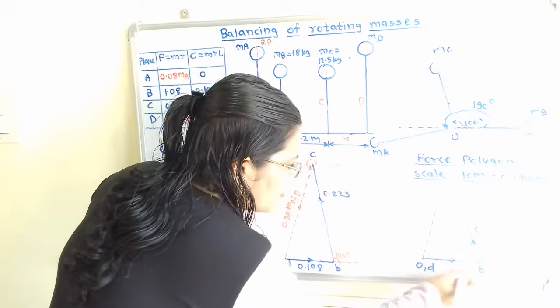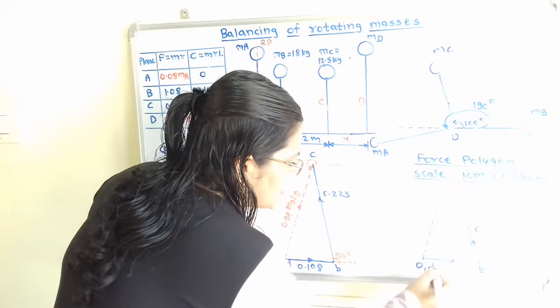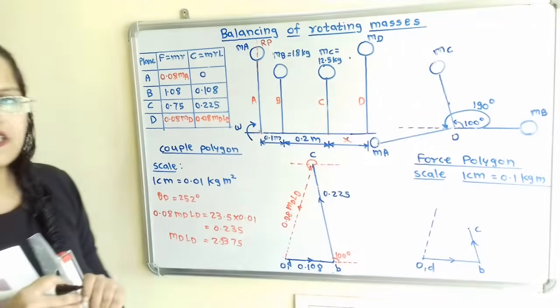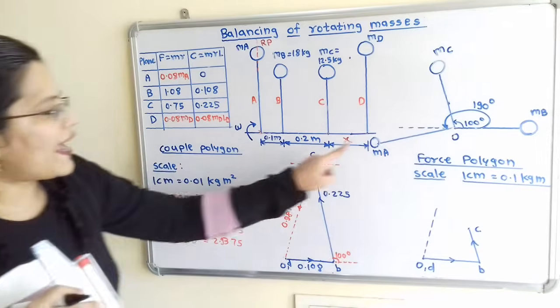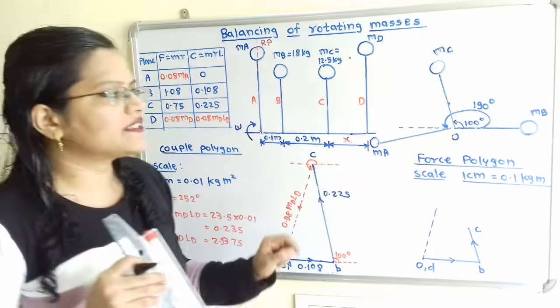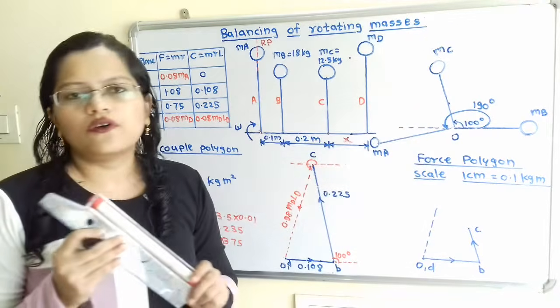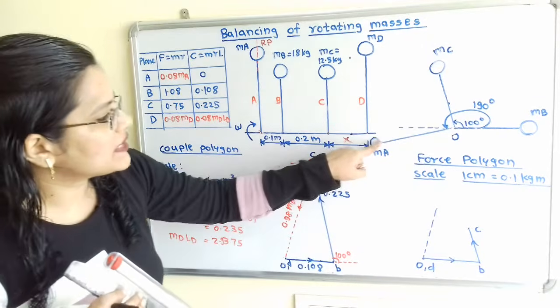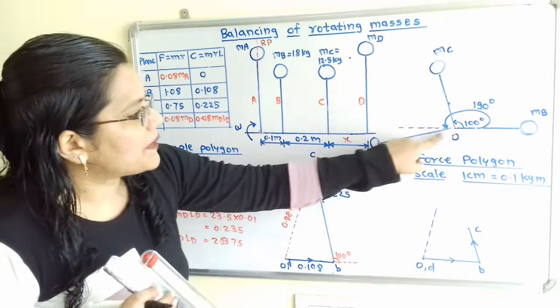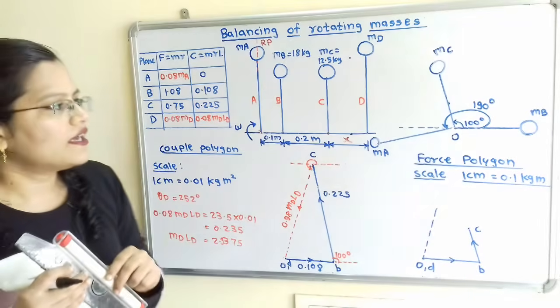Now here point B is there, point C is there, as well as point D is there. So what is the remaining point? That is point A. Now angle for this point A is given, and that is equal to 190 degree. So we will transfer this line, because this mass MA is placed at an angle of 190 degree.